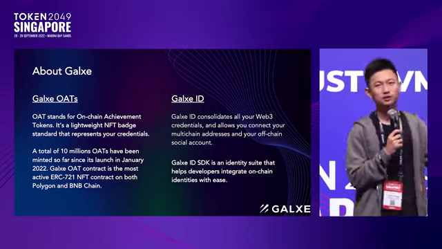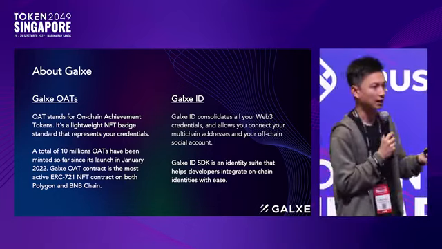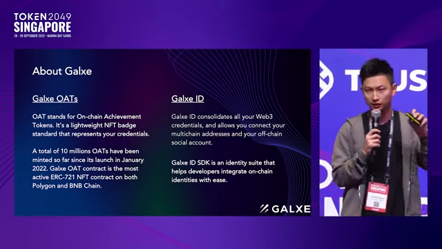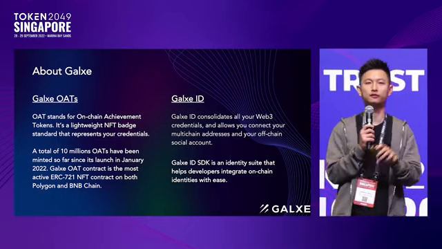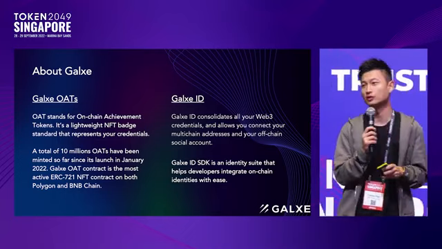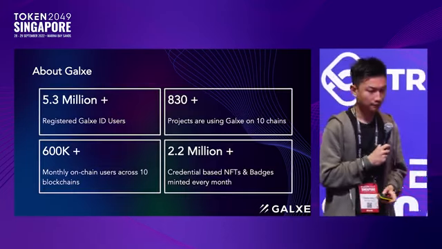Developers who integrated Galxe ID SDK can directly get the user's credential data, and if they want to offer some customized features for users who hold certain credentials, they can do it easily. So that's Galxe ID.